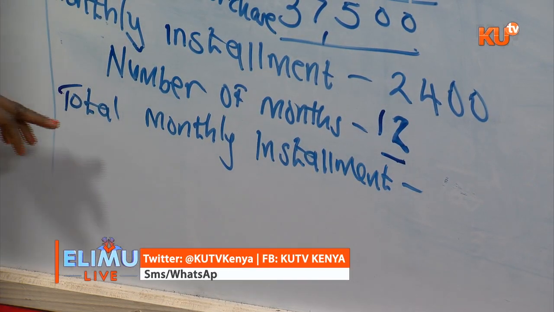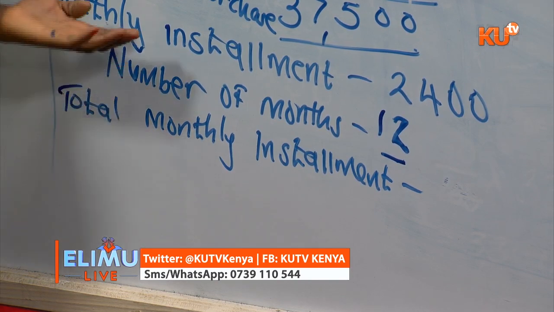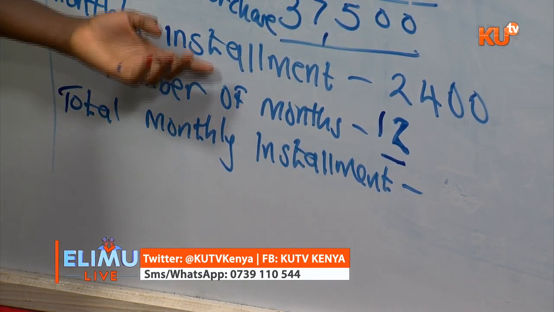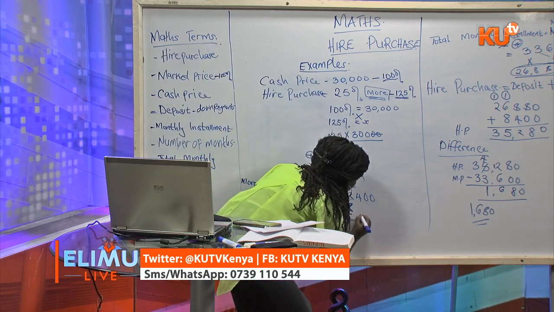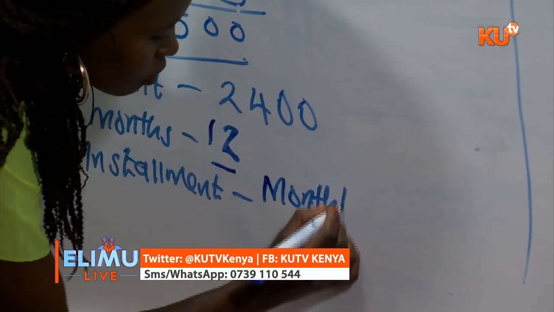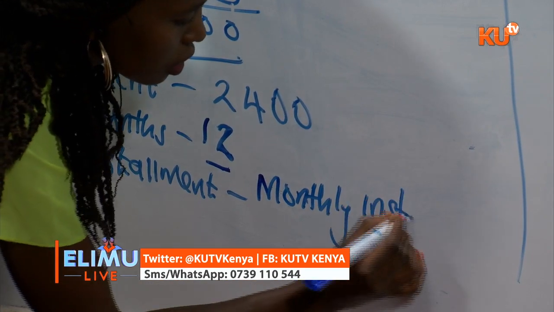To get the total monthly installment, we take the monthly installment and multiply by the number of months.